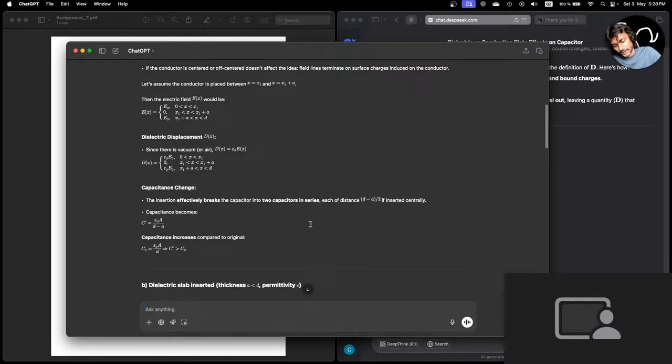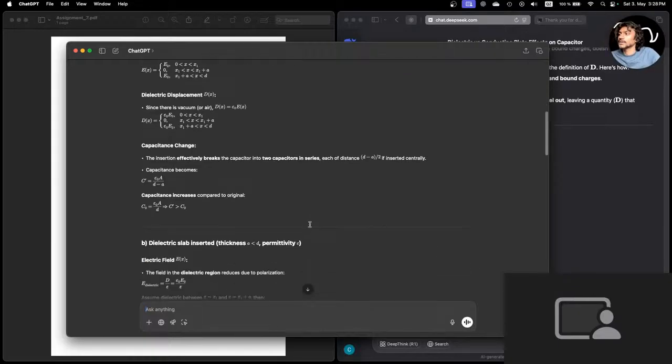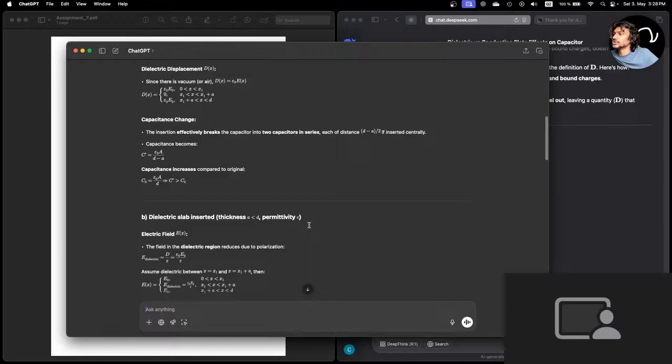C dash is greater than C0. That's the answer to the first part. Now the second part: we introduce a dielectric slab.